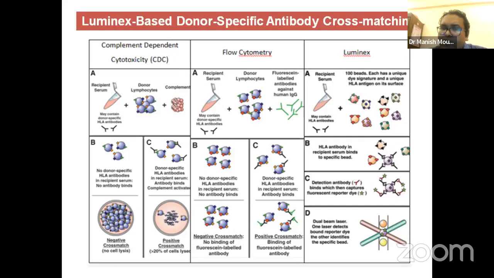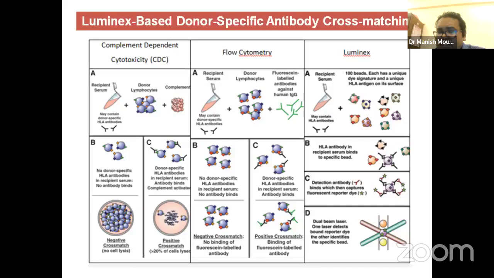After that we incubate with the sera. As in CDC and flow, we are taking a live cell. In Luminex lysate also, we are taking a live cell. The only thing is we are converting the live cell into antigen and transferring it onto the bead, a specific kind of bead, which is going to give a specific result about the HLA.